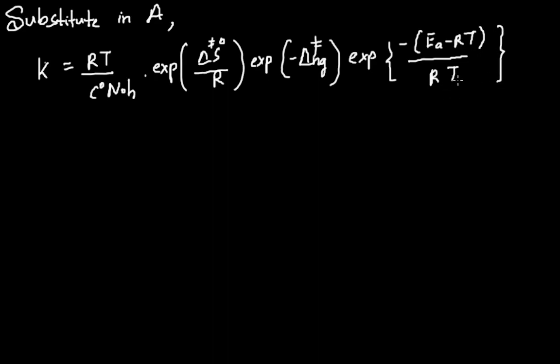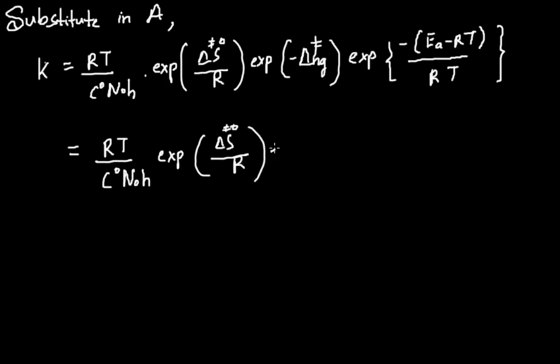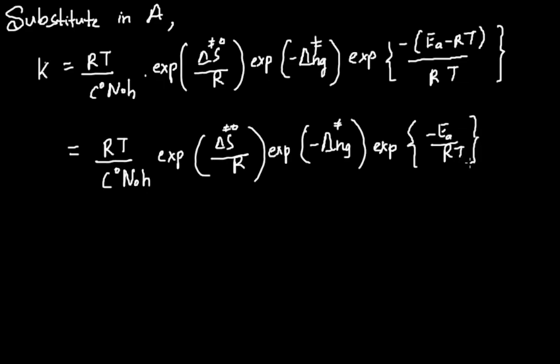Right. So now when you expand this, what you will end up getting is RT by C naught N naught h, exponential delta S by R, exponential delta Ng, exponential minus EA by RT, and exponential 1.